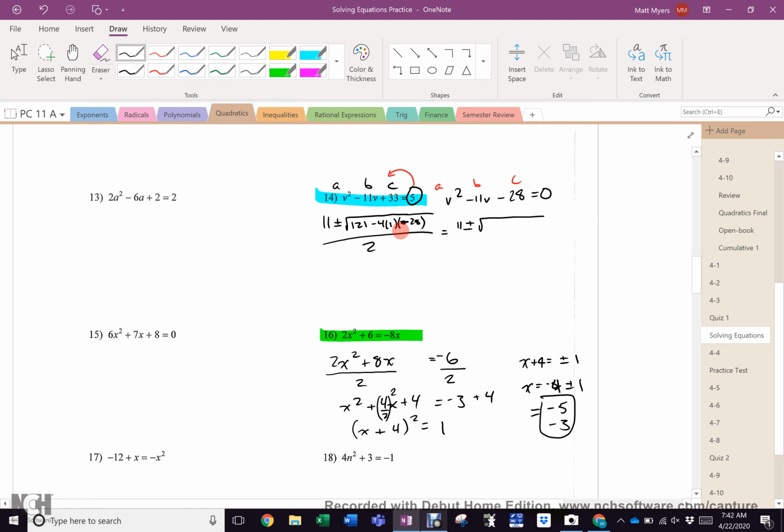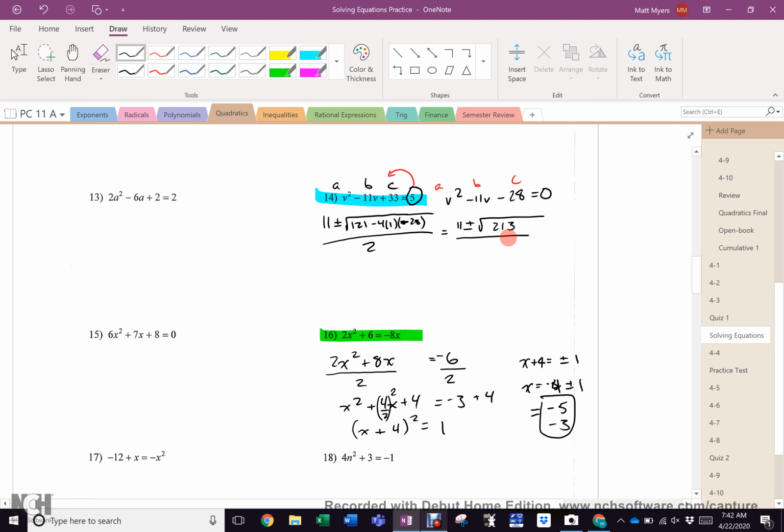That's not right. 92. Negative 4 times 1 is negative 4. Negative 4 times negative 28 is positive 92. 121 plus 92 is 221 minus 8 is 213.